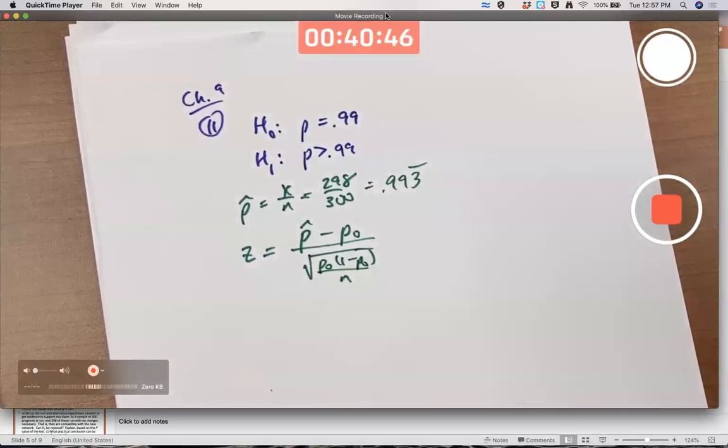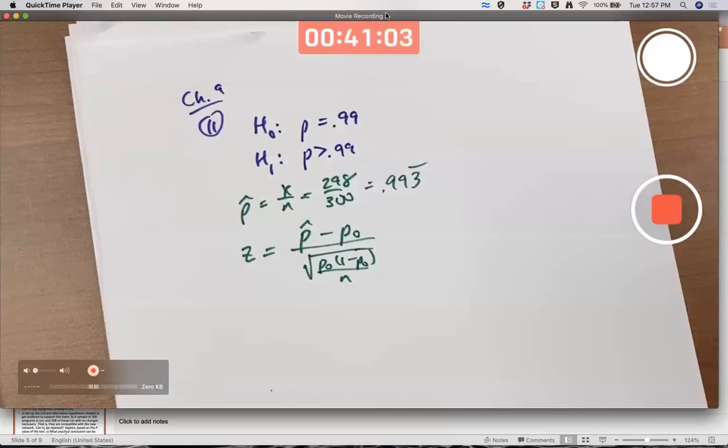If the null is true, if the population proportion really is p sub 0, this will be an approximately standard normal distribution. Call it a z. It's actually not technically exactly standard normal.